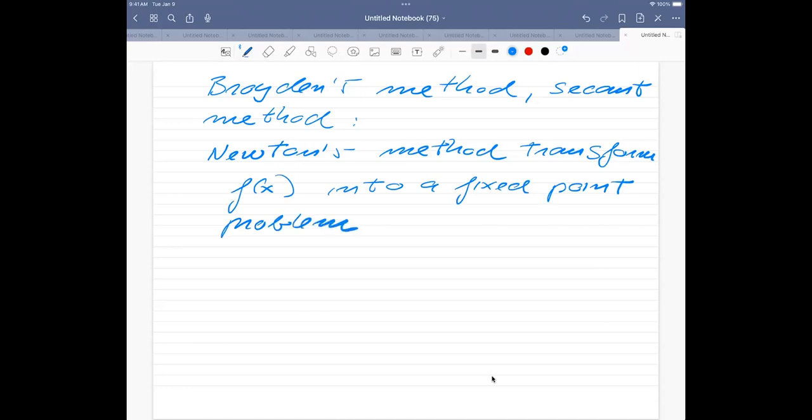That fixed point problem is given by x equal to g of x, and this function g of x is nothing but the method which we implemented in Newton's algorithm, which is x minus f of x divided by the derivative of f.